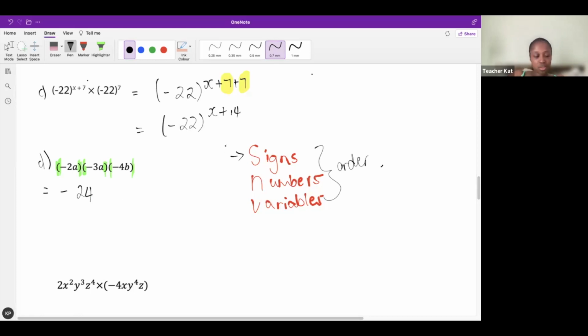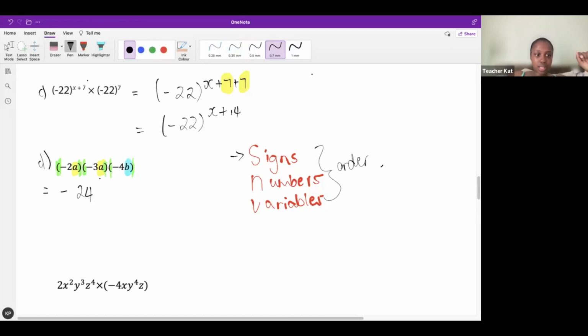How many different types of variables can you see, without duplicating any? 2. We have an a and we have a b.